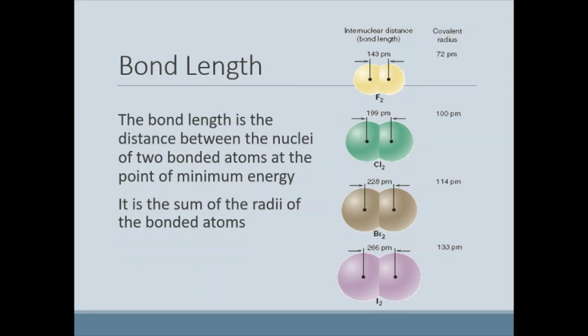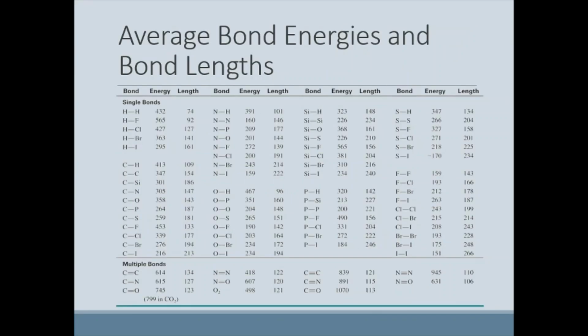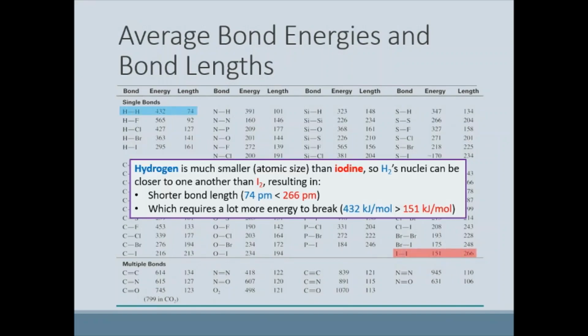So, this next table, I want you to take a deep breath before I go to it. It is not something you need to memorize. Please, dear God, do not memorize all this stuff. But the main reason why I point out this table is for these highlighted reasons right here. One thing you should notice is comparing hydrogen and iodine, just the atoms themselves.